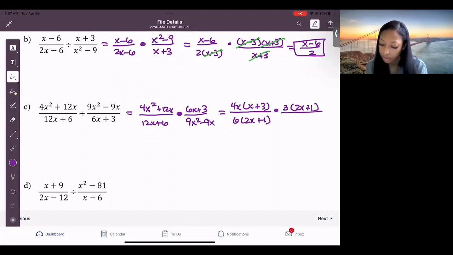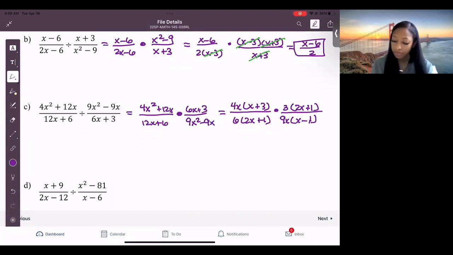And then from the second denominator, 9x squared minus 9x, we can factor out a 9x, and that leaves us with an x minus 1. I thought it factored more, but that's it. Not as exciting as I was hoping.